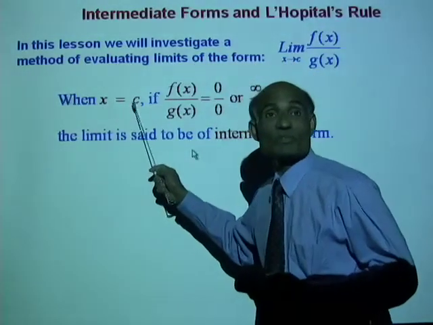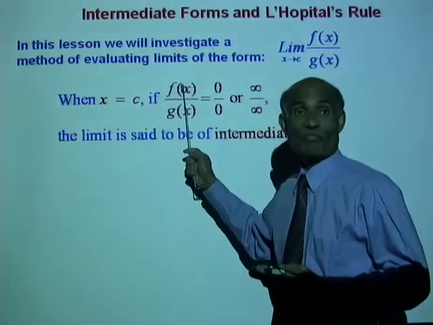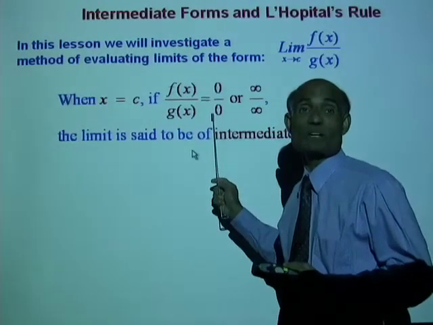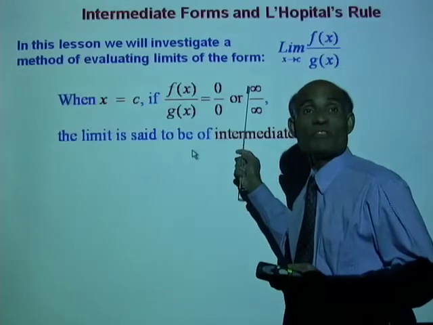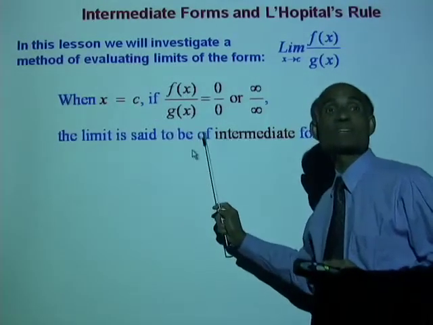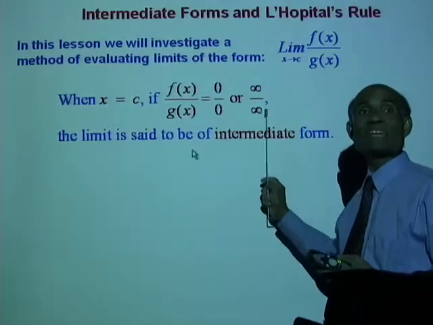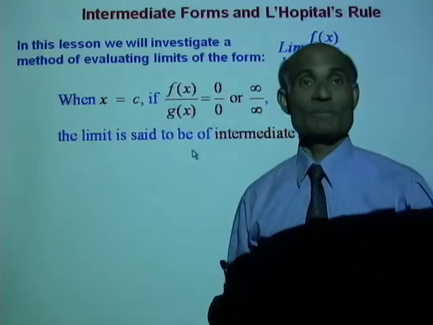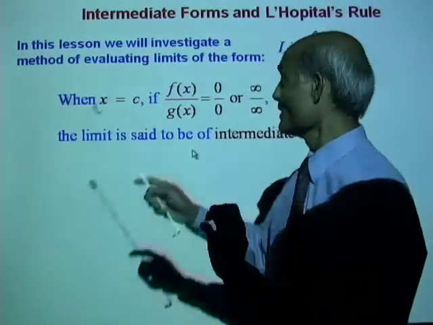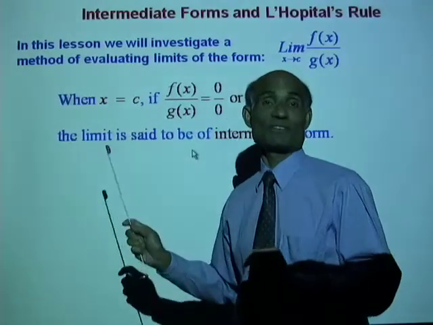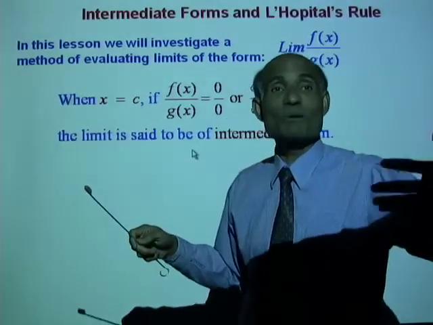So when x equals c, if f of x divided by g of x is 0 divided by 0 or infinity divided by infinity, then such a limit is said to be an indeterminate form. Indeterminate form means the evaluation of this limit is not complete by doing this. You have got to use another approach.